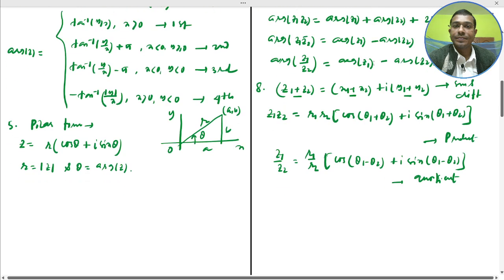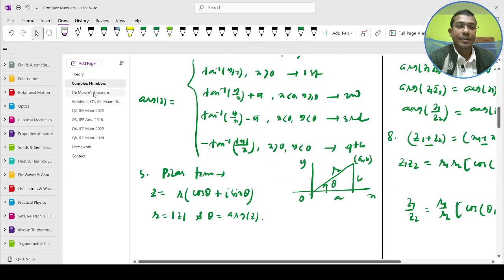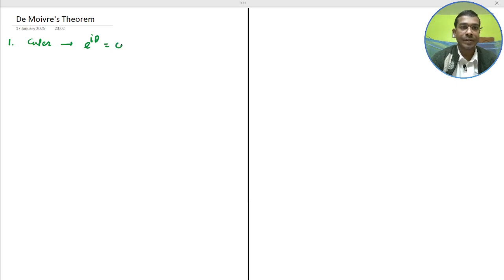So next, de Moivre's theorem. First in de Moivre's theorem, the Euler formula, basically the exponential of i theta, that is written cis theta, is equal to cos theta plus i sin theta.